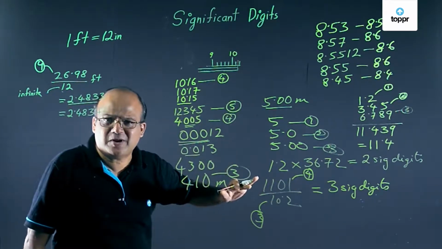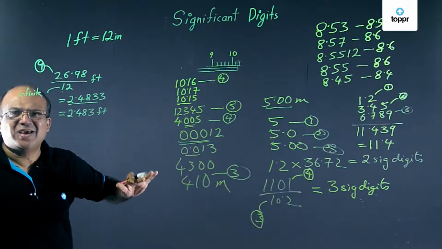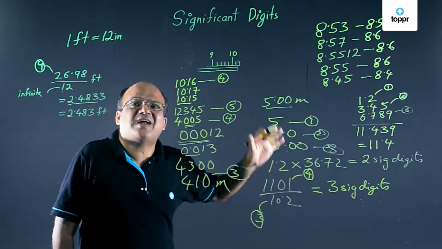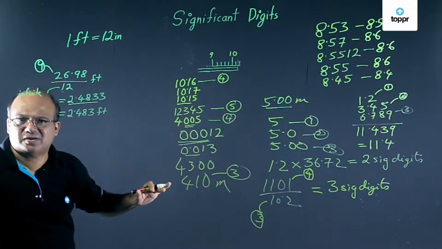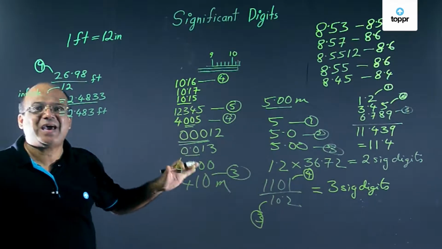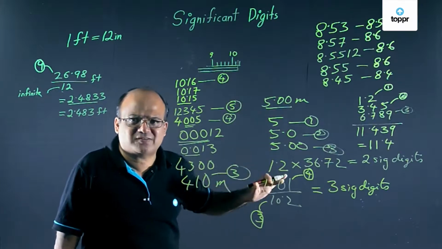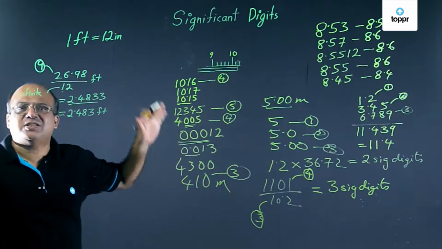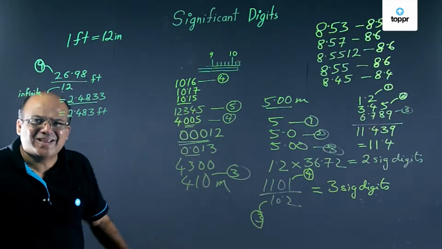If number is a decimal point or no decimal point, doesn't matter. Zeros on the right are significant if the zero has come from an actual measurement or if the number has a decimal point. Change of units does not change the number of significant digits, right?